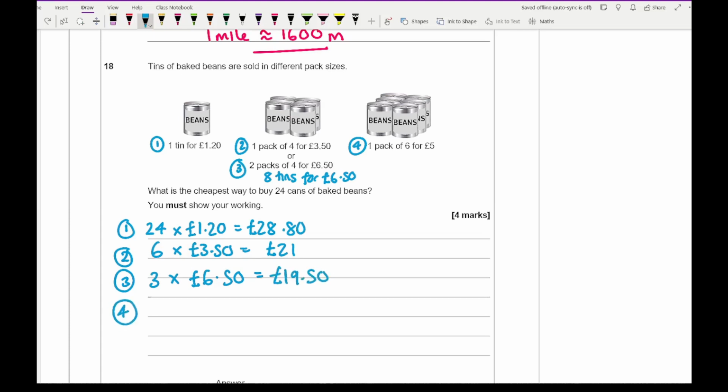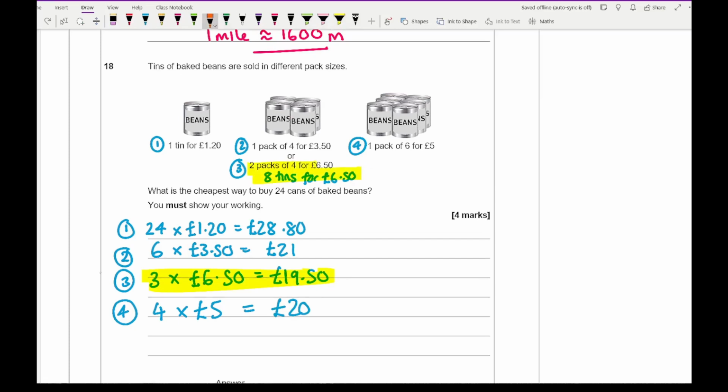And then finally with offer 4, how many 6s go into 24? That's going to be 4, so I'm going to need 4 packs of those. So it's 4 times 5, and that becomes £20. So which one is the cheapest offer? It's going to be offer number 3.